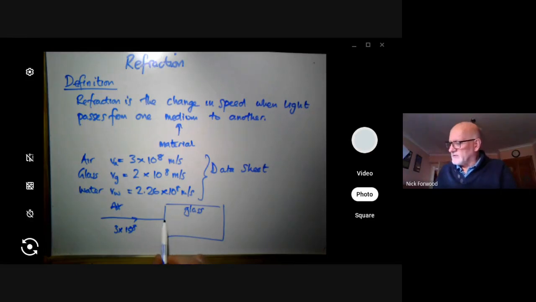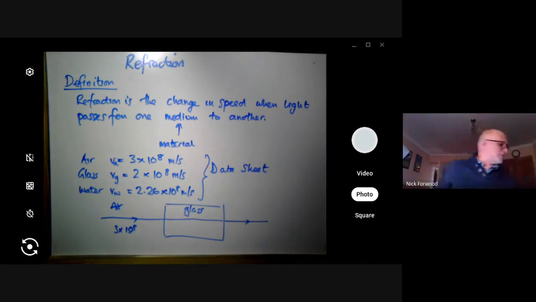You can't see this because it is so fast, 300 million meters per second in air, 200 million meters per second in glass. But if you were able to film that and slow it down a tremendous amount, you would see this whizzing across here and then travelling pretty slowly in the glass, and then speeding up again on the outside when it gets back into the air.